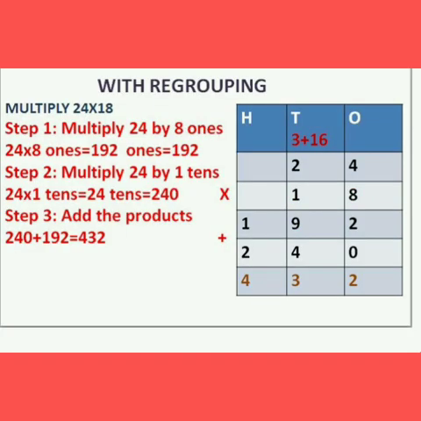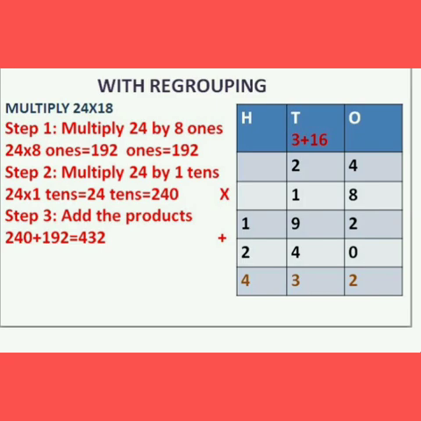Next, with regrouping, multiply 24 by 18. Step 1. Multiply 24 by 8 ones. That is 24 into 8 ones equal to 192 ones equal to 192. Next step, multiply 24 by 1 ten. So 24 into 1 ten equal to 24 tens.